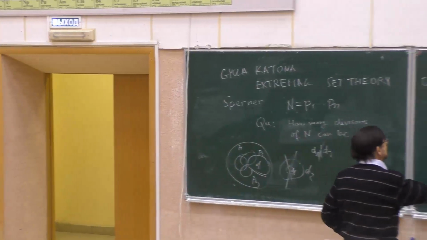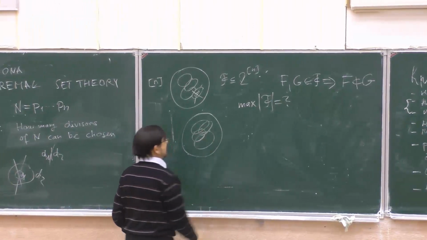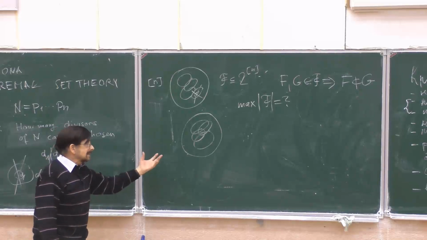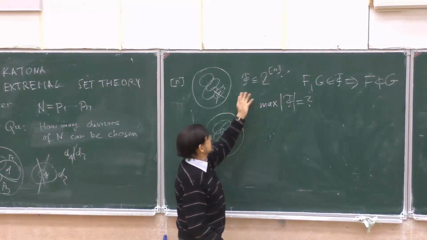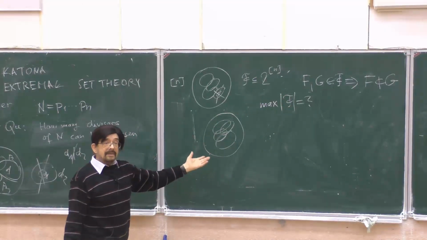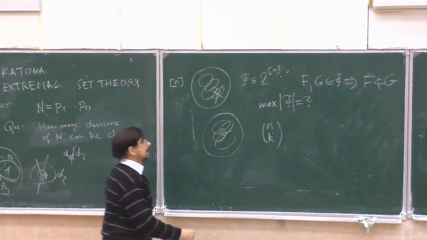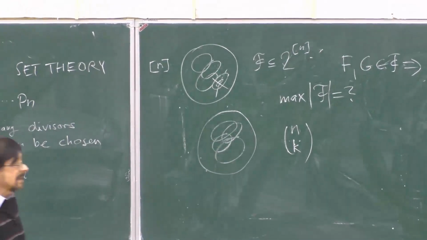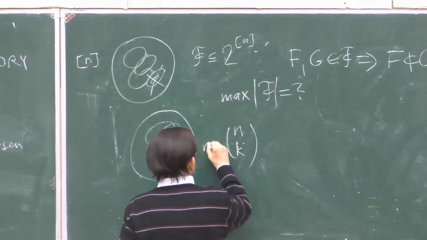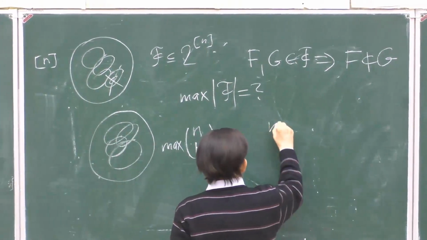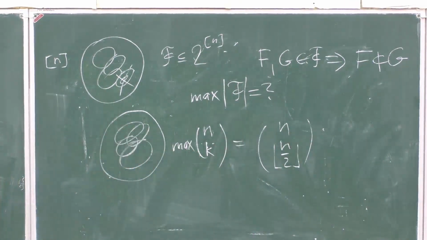Okay, so it's obvious that if you take all k-element sets, a k-element set cannot be a proper subset of another one, because they should be different, of course. So an easy construction is to take all k-element subsets, and then you have this number. And of course, its maximum is when you take all n/2-element sets.